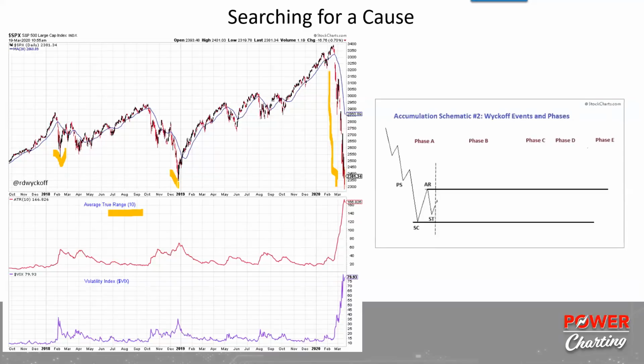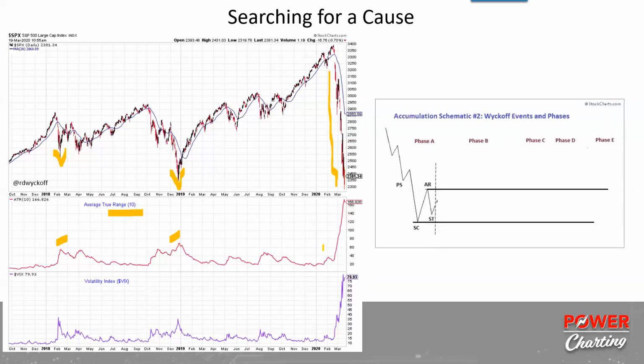Here is the climactic surge of December of 2019. Both of these produced a bump in the average true range, which demonstrates that selling climaxes are quite volatile affairs. And then you can see that the immensity of the volatility we have experienced in this current decline far exceeds anything we've seen before.